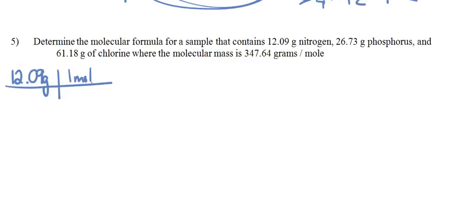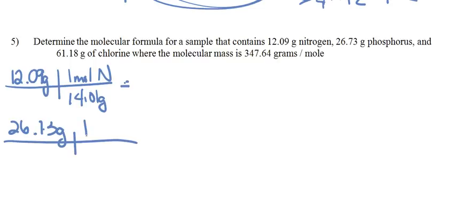So 1 mole of nitrogen, 14.01, 26.73, oh, come on, and that's phosphorus, and that's 30.97. You'll get to memorize these as well.